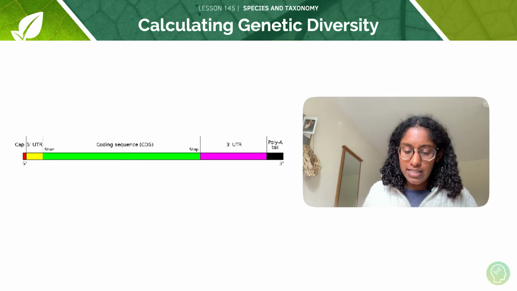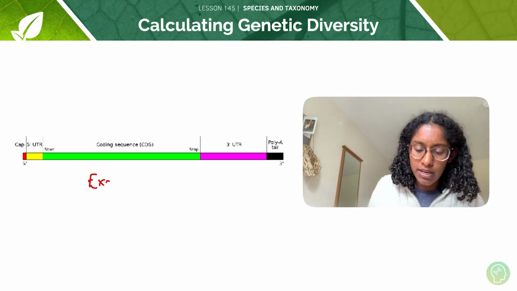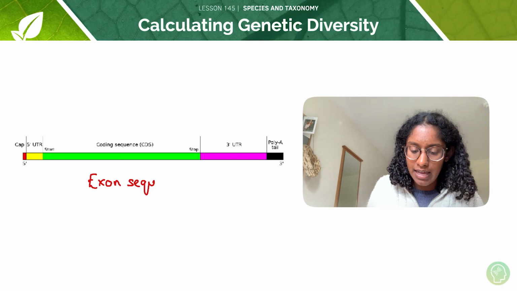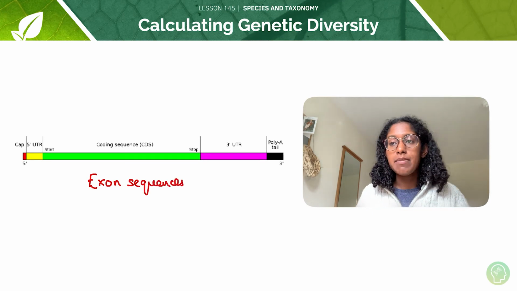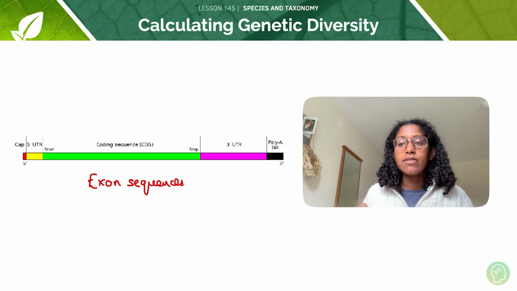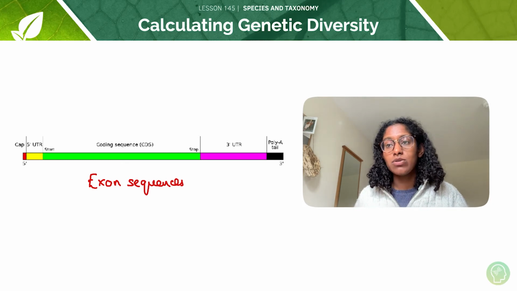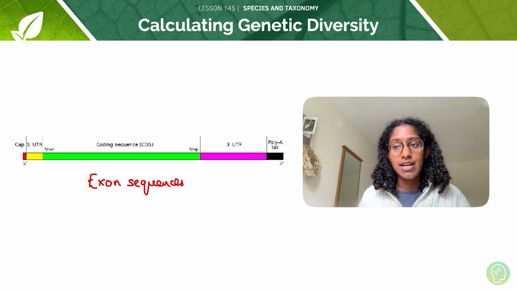Now, exon sequences, which remember are the coding part of the DNA sequence, are similar between organisms. Now, the underlying base DNA sequences of different genes may be different, making DNA comparison slightly ineffective.